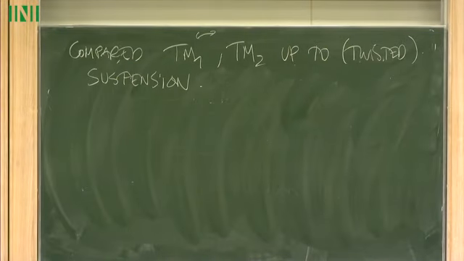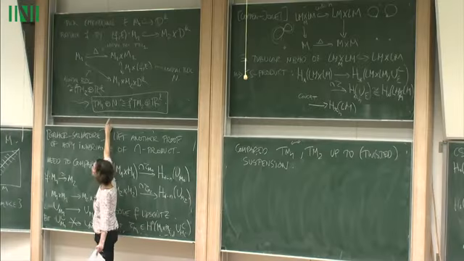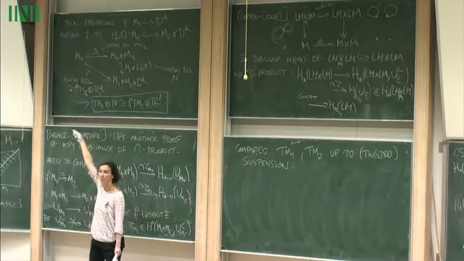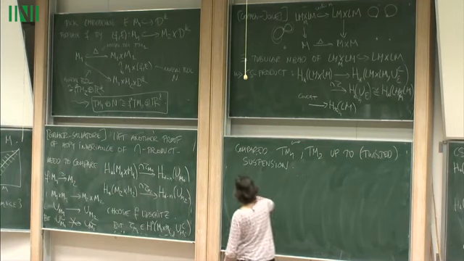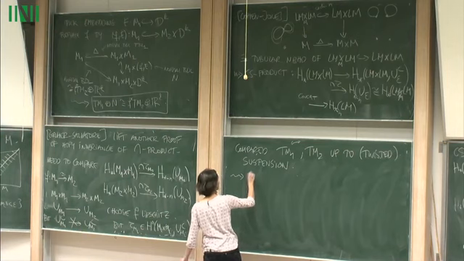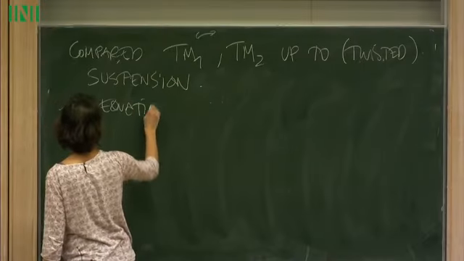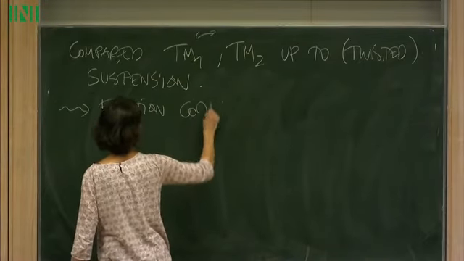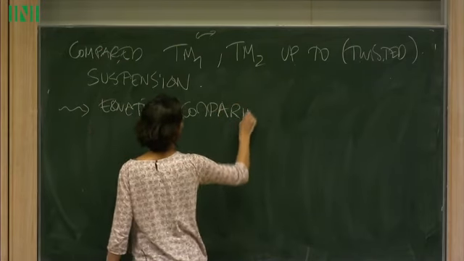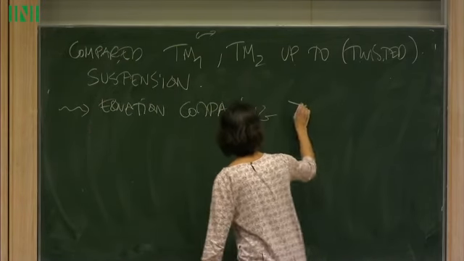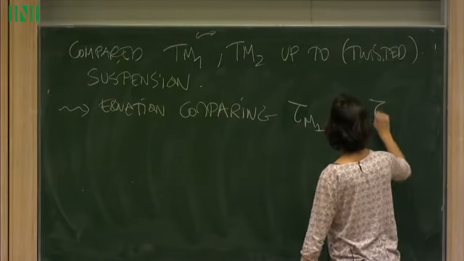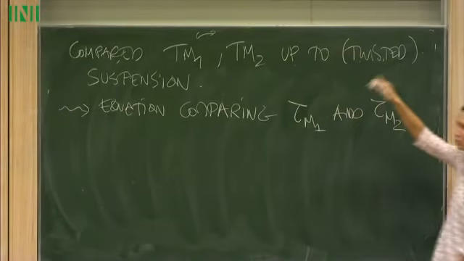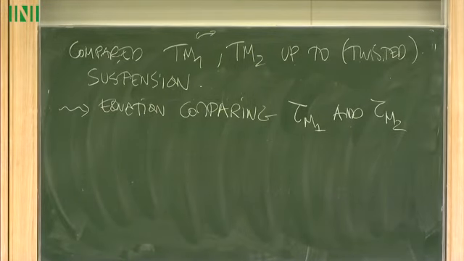Here it is a non-twisted suspension, just real, but here we have some sort of bundle, k-dimensional bundles on both sides. So you also get an equation comparing these Thom classes, up to this suspension.